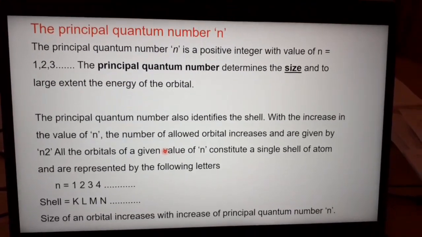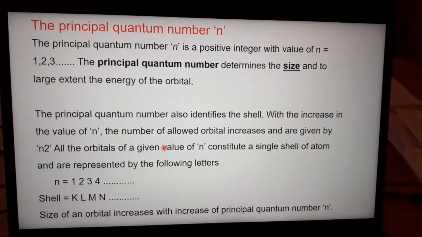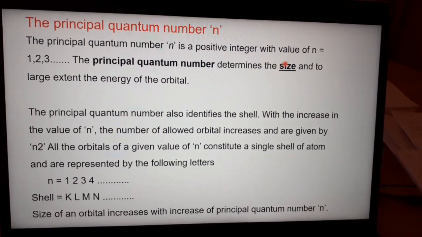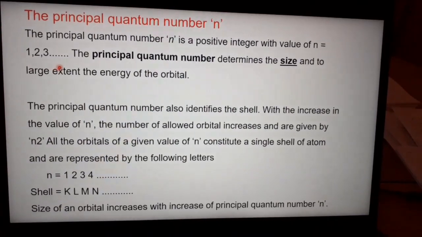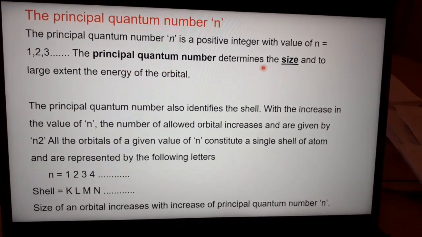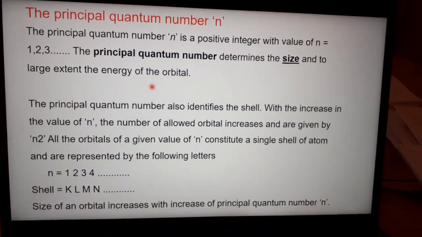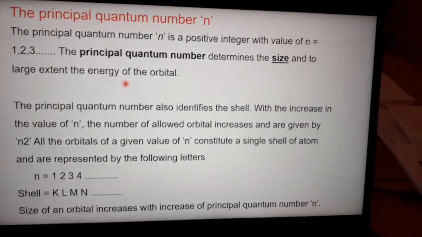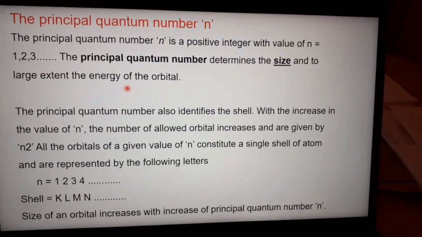Okay. So next is the principal quantum number. The principal quantum number is n, which is a positive integer value. That means the n value is 1, 2, 3, 4, like that. The principal quantum number determines the size and to a large extent the energy of the orbital, and you will get an idea of this consequence when we discuss Bohr's model.